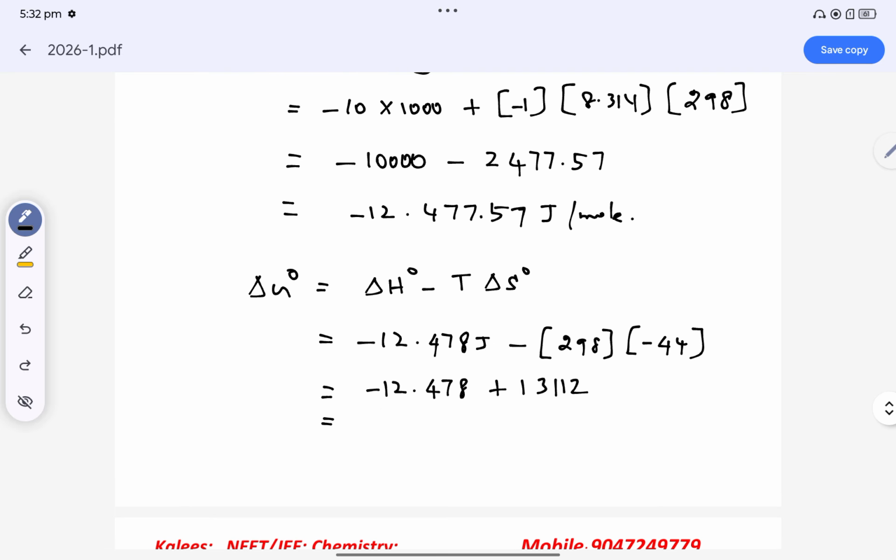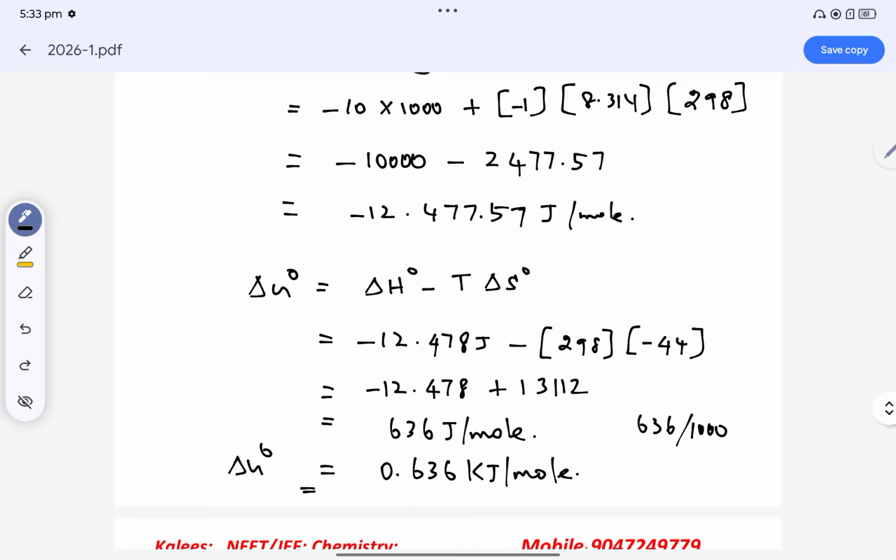Subtracting this value, I may get 636 joule per mole. But the answer is given in kilojoule, so divide by 1000. 636 divided by 1000, you may get 0.636 kilojoule per mole.